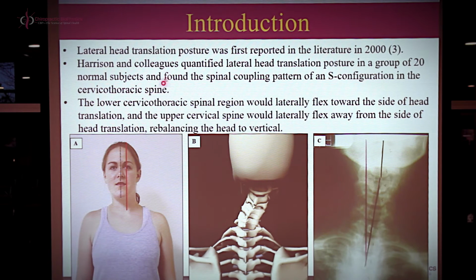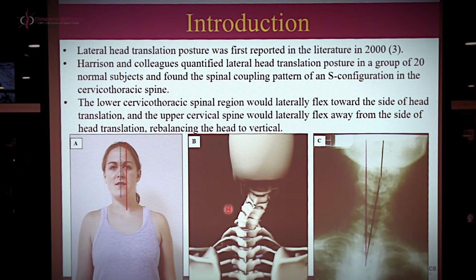Okay, so we quantified what the neck does and looks like when you have a head translation. The problem is we're designed to move in this position, left and right. We're not designed to be stuck like this. Now imagine if you had a head translation from an accident or an injury or poor postural habits, and your neck now is stuck in this position.